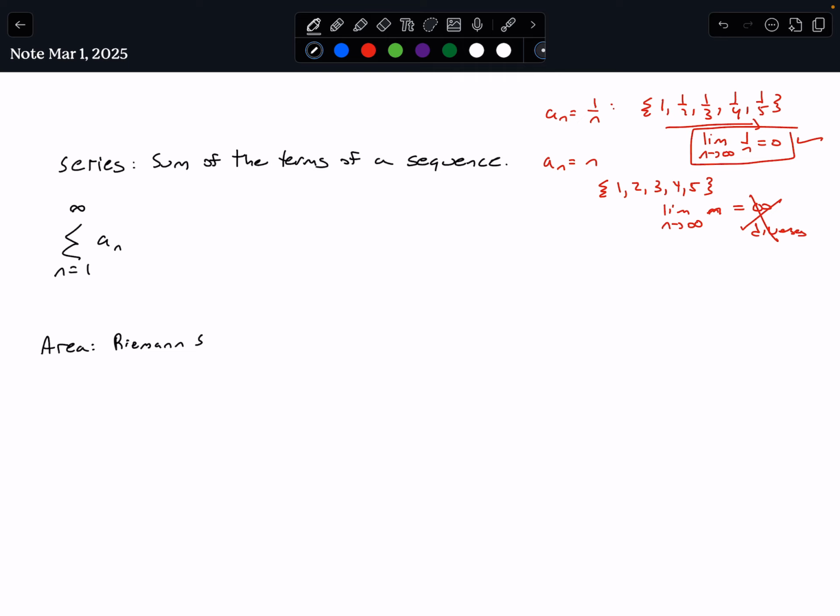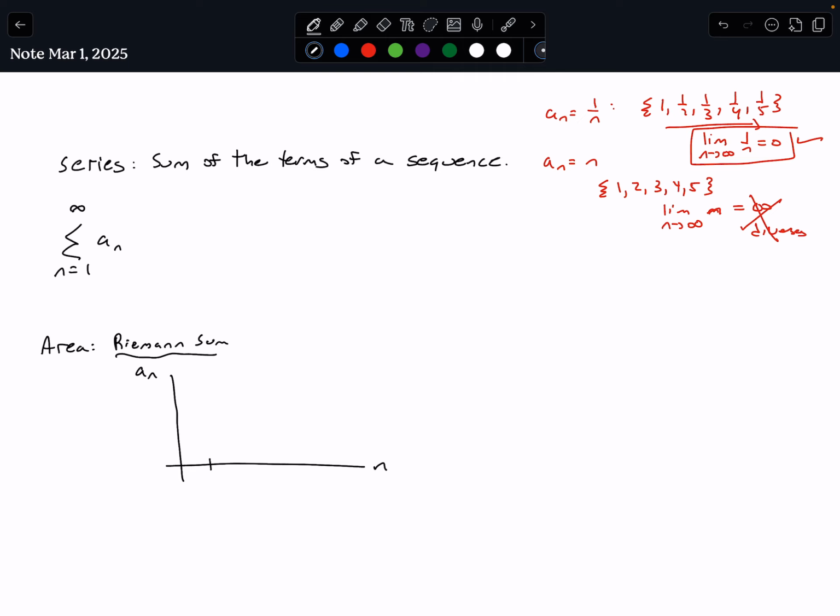It's not an infinite number of terms like an integral, so we're going to use a Riemann sum here. And let's take a look at the area under a curve. Now, we're going to let the x-axis be the n, the term number, and we'll let the y-axis be a sub n, the value of that sequence at that place.